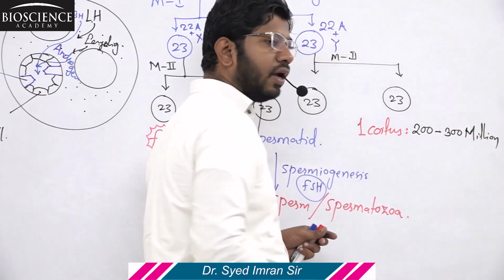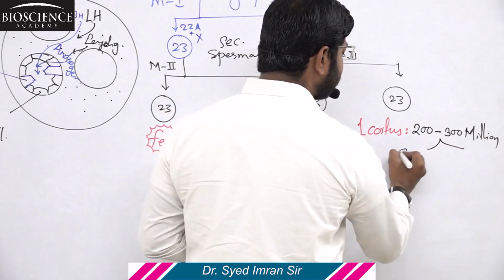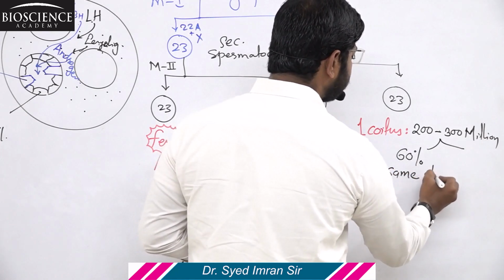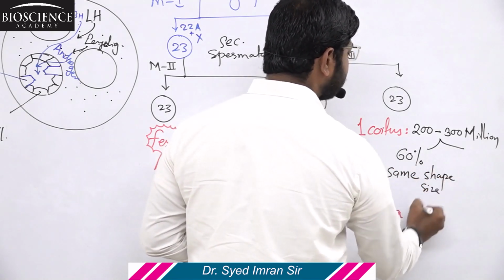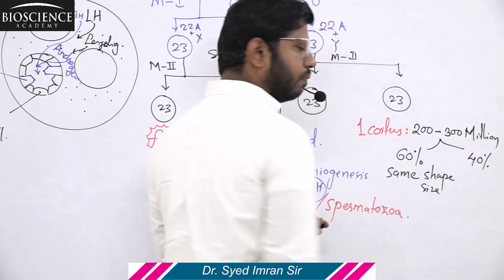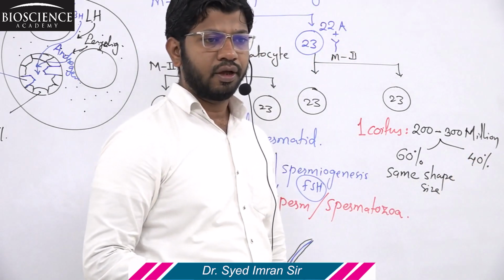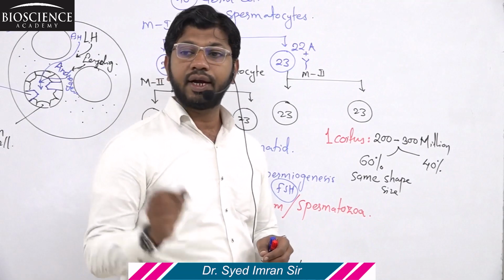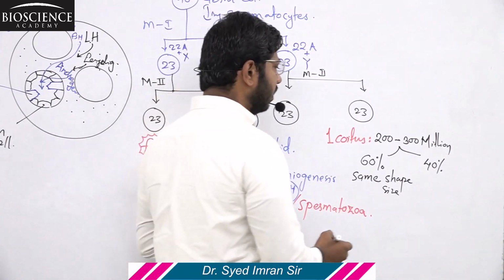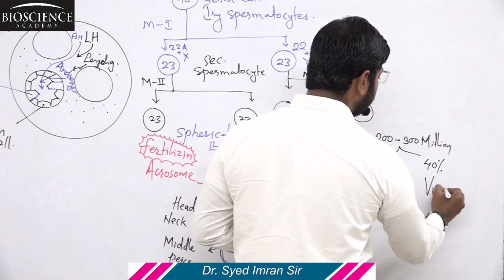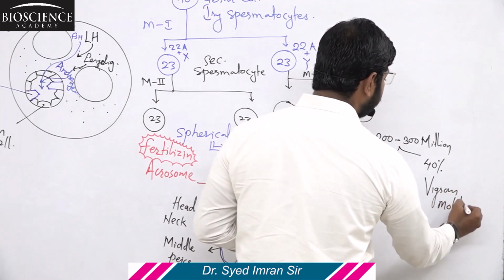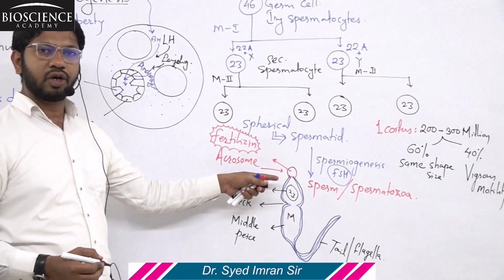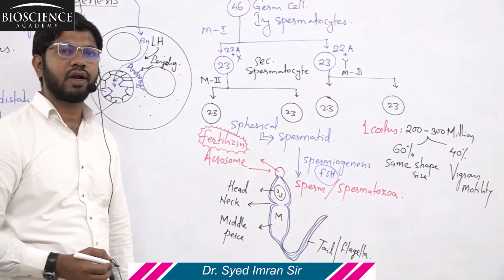Among these 200 to 300 million sperm, 60% of the sperm have normal morphology, that is the same shape and same size, whereas 40% of the sperm show vigorous motility. Vigorous means they move very fast. Fast movement requires more energy, so it is compulsory to have more mitochondria in the middle piece. So 40% of the sperm show vigorous motility. So this is all about the maturation of spermatid into sperm, which takes place under the influence of follicle stimulating hormone.